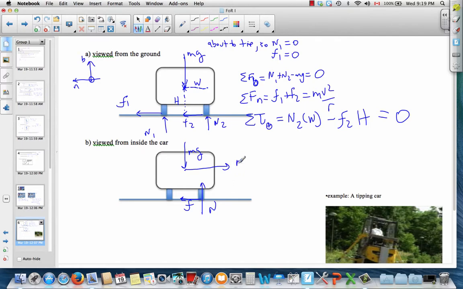That fictitious force is the mass times the acceleration, mv squared over r. So when we sum forces in the binormal direction, normal force and weight just cancel out like they did earlier. In the normal direction, there's a balance between the friction force and the mv squared over r force.